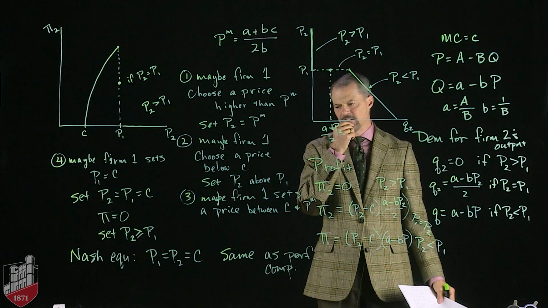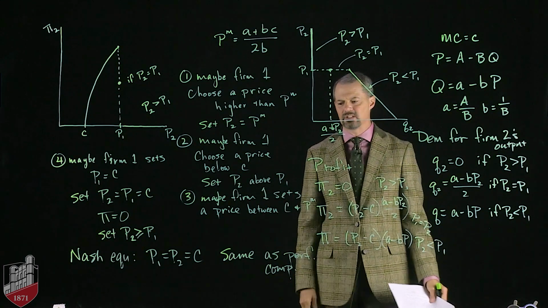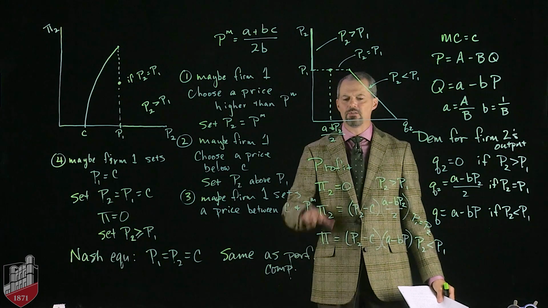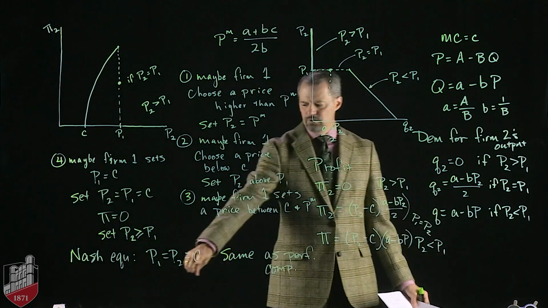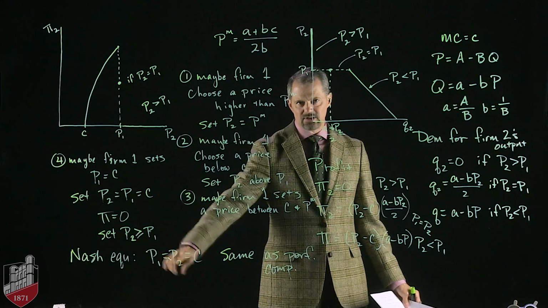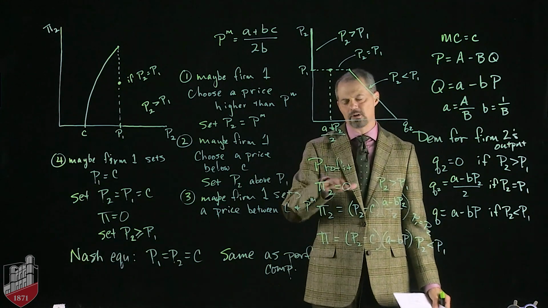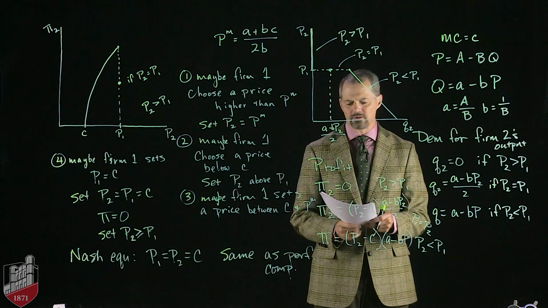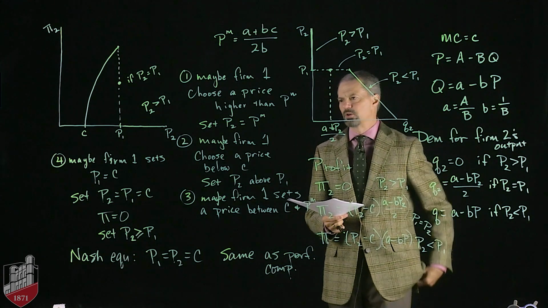And then you could figure out everything else. It'd be easy. Your profit's going to be equal to zero. So solving a Bertrand problem is not hard, as long as you know that the outcome, the Nash equilibrium, is where the price in the market for both firms ends up being equal to marginal cost.